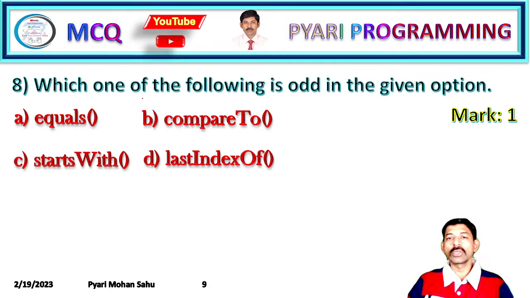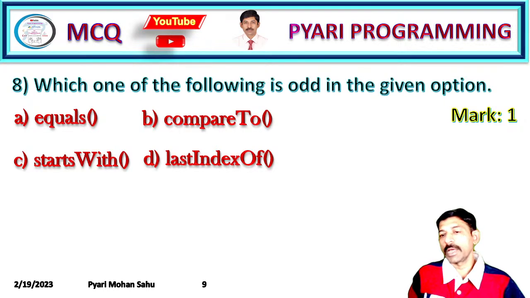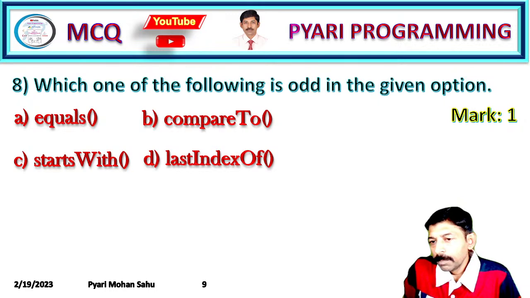Which one of the following is odd in the given option? इनमें से और कौन सा है? प्रीतिश कुमार.